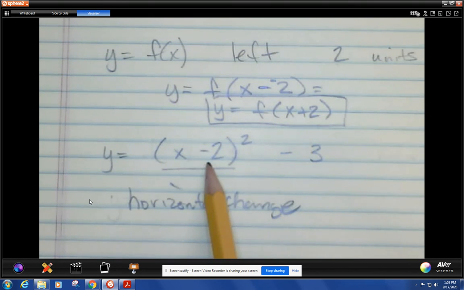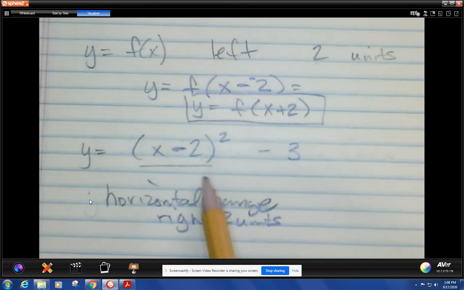And again, if it's a negative 2, then I know that I'm actually going to do what? I'm actually going to move in the opposite direction because horizontal changes are opposite. So if it says negative 2, that means I'm actually going to move to the right 2 units. Okay? Now, I look over here. If you notice, out to the right of my x squared term, I have a negative 3. Now, that negative 3 that's out here, again, what does that denote?